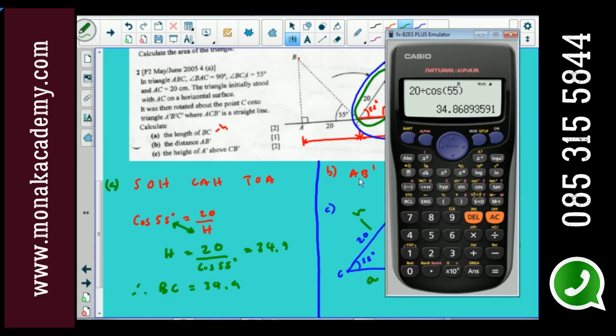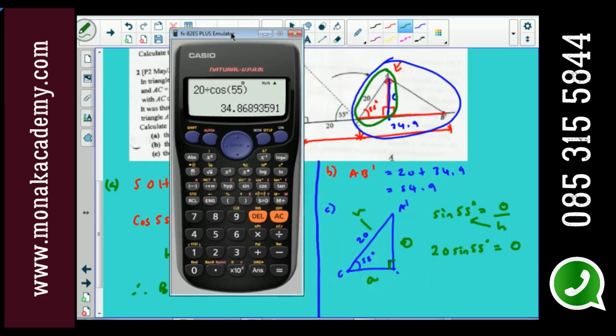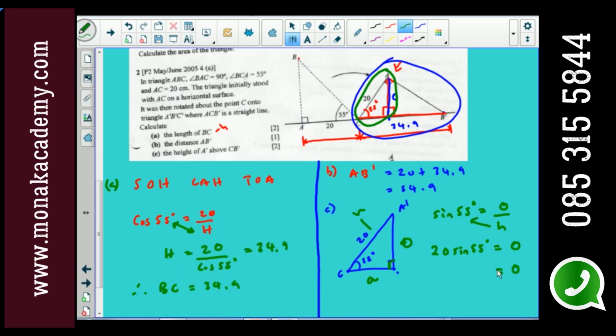Tell me if we're still together. I don't want to lose anyone here. 20 sin 55 is 16.4. So O equals 16.4.